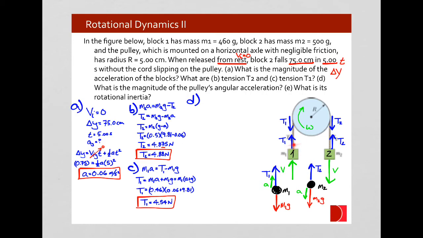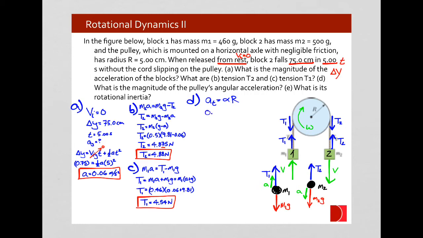So if the rope is going over the top of the pulley and down the other side without slipping, that means the outside edge of the pulley has to be accelerating at that rate as well. That has to be the tangential acceleration of the pulley as it rotates. If that's the case, we can relate the tangential acceleration of the pulley to its angular acceleration.